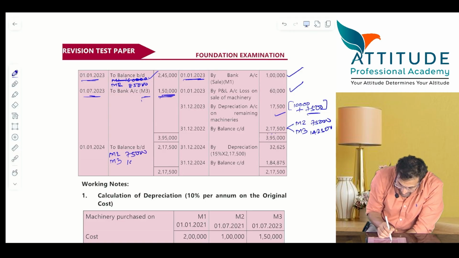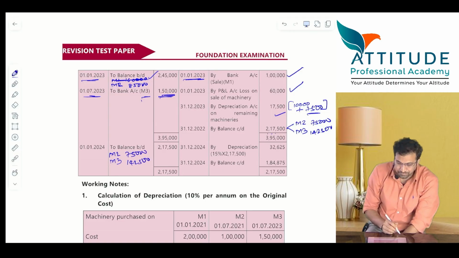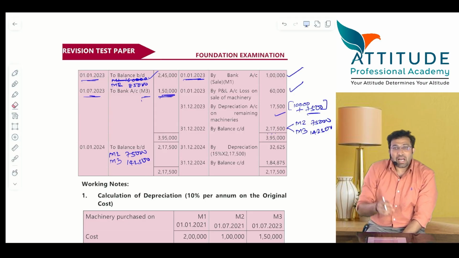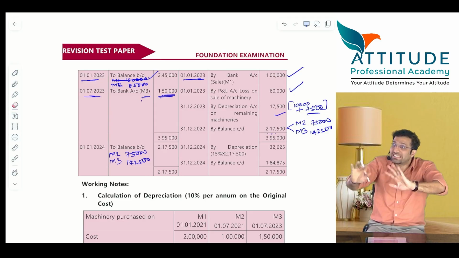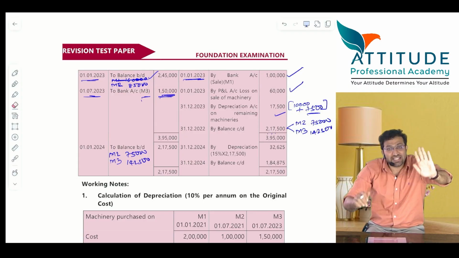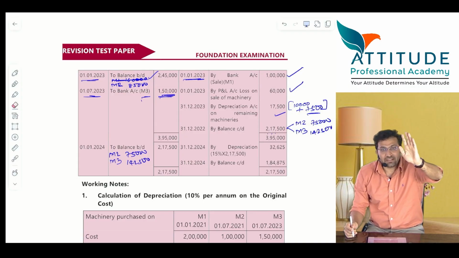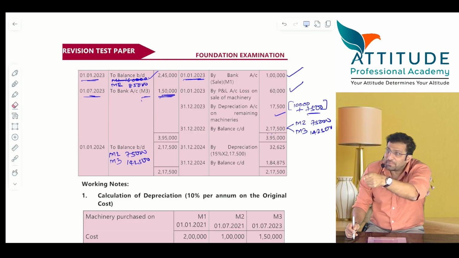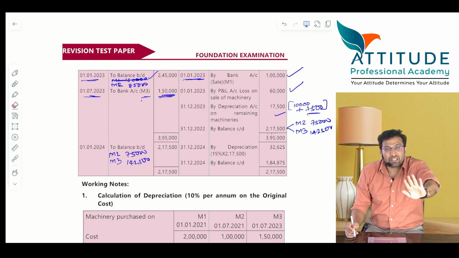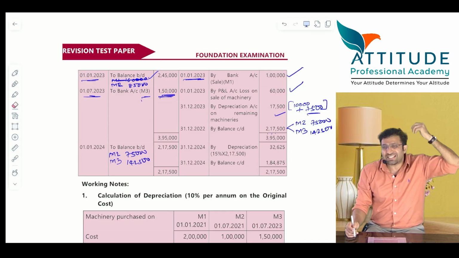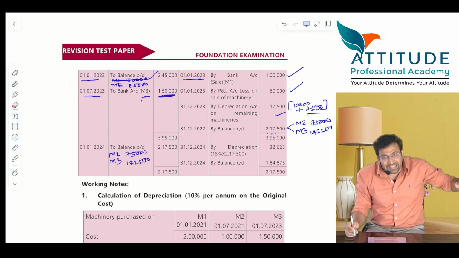1,42,500. कल ना ये इधर ये M2 75,000 M3 1,42,500. अभी क्या बोल रहे वो? 2024 से स्ट्रेट लाइन मेथड नहीं है, they changed it to WDV. And if there is a change in the method of depreciation, you should not have a retro effect, you should have a prospective effect. Means whatever is done in the past, let it be as it is.